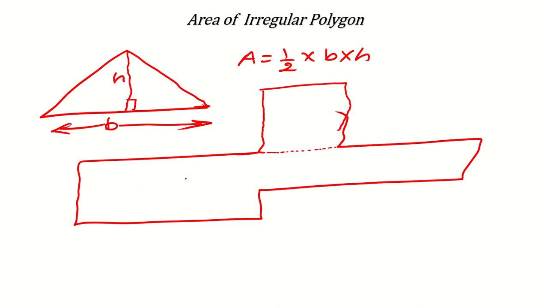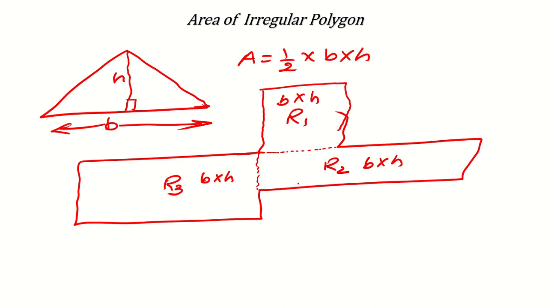If you draw a dotted line like this, you can see here, this is the first rectangle, this is the second rectangle, and this is the third rectangle. And find the area of all the rectangles by using the formula base multiply height, base multiply height, and base multiply height. And after that, at last you add all the areas and you will get the final answer.